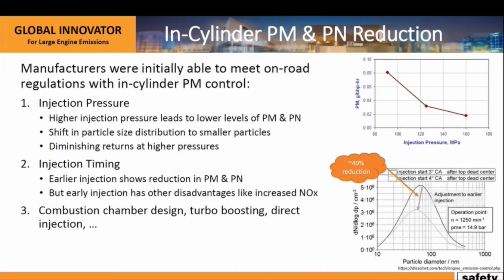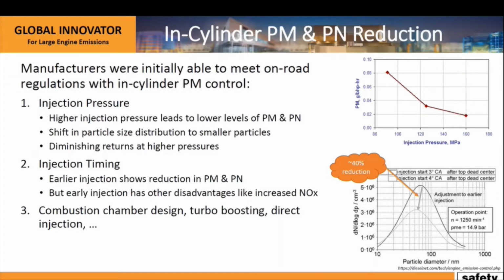But the trade-off there is you get higher NOx emissions, which of course you don't want. So again, there's an optimal point there. I'm sure many of you have seen that graph where you optimize the NOx versus PM, and the less PM you get, the more NOx you get. So that's this scenario.